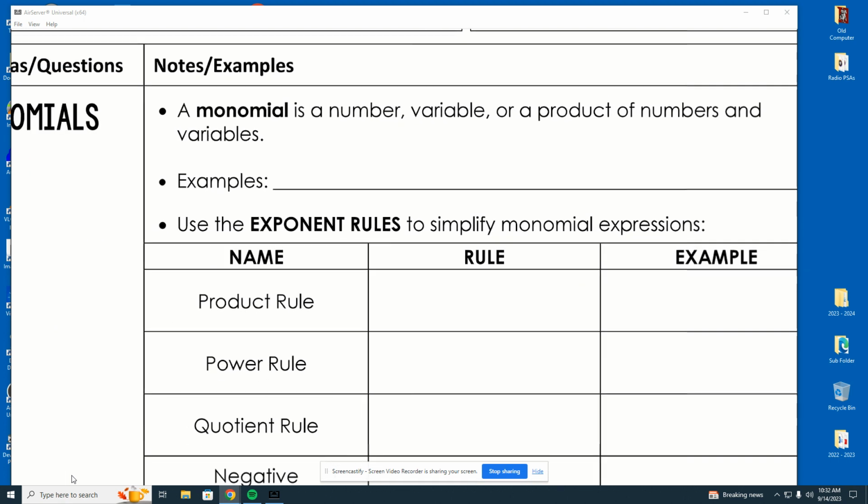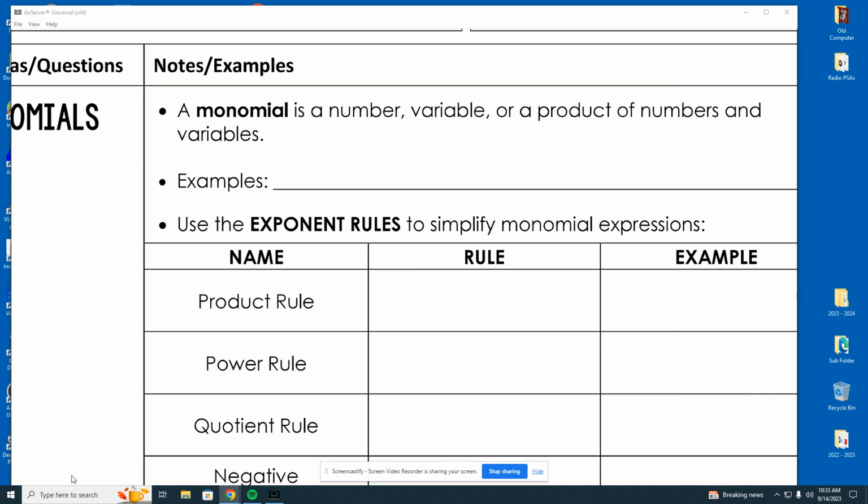First of all, we're starting out talking about monomial. Y'all know what the root word is there? What's mono mean? Yeah, mono means one, right? So when we talk about a monomial, we're talking about a single term. Now that single term could look a variety of different ways.